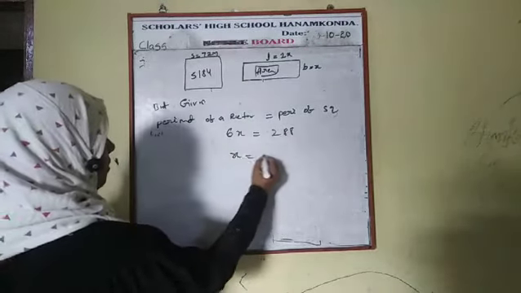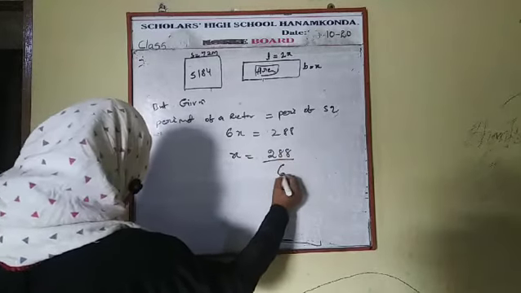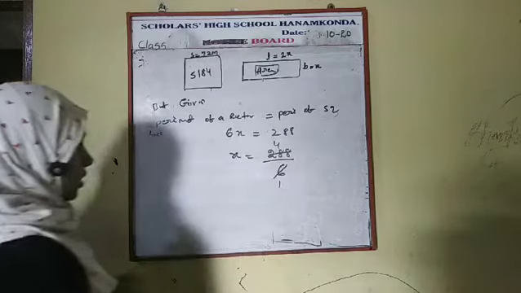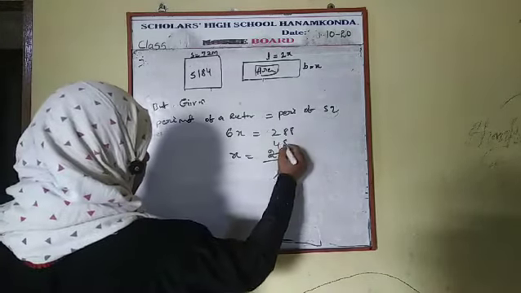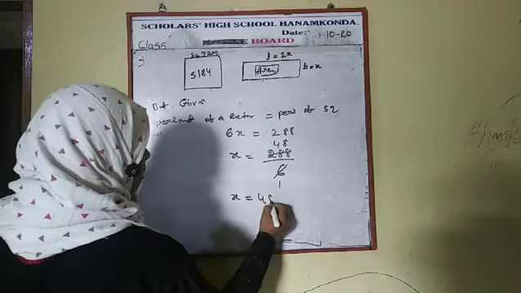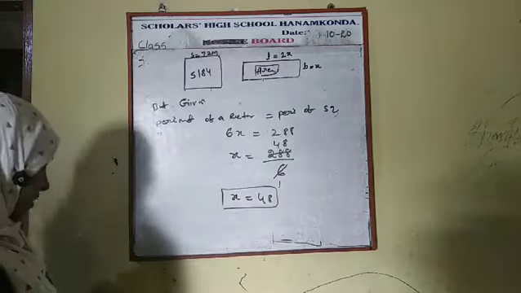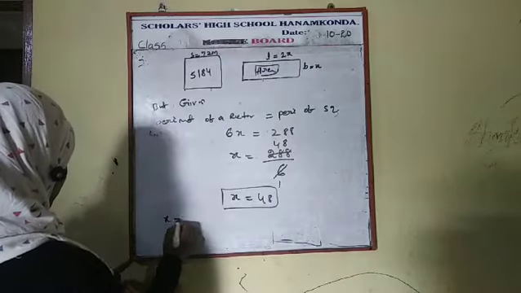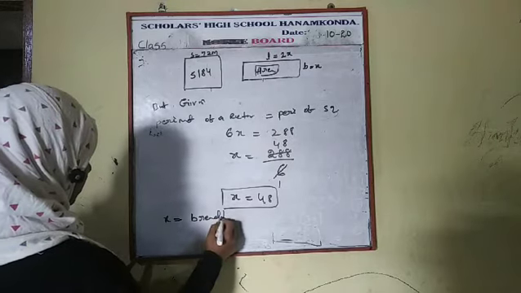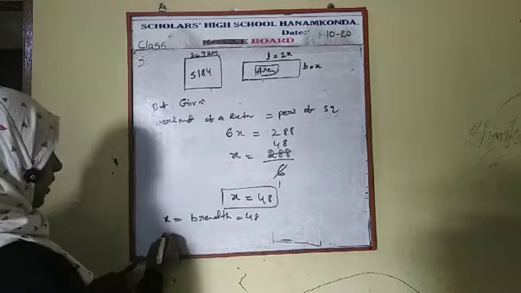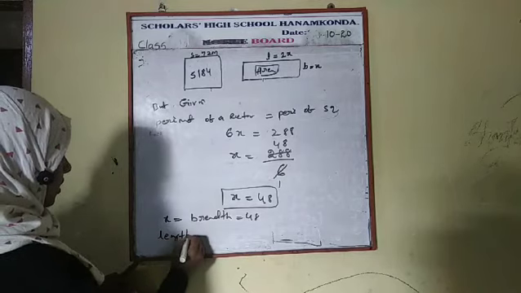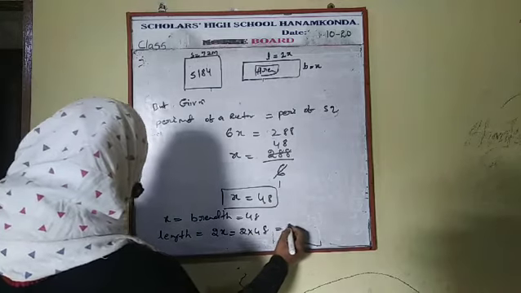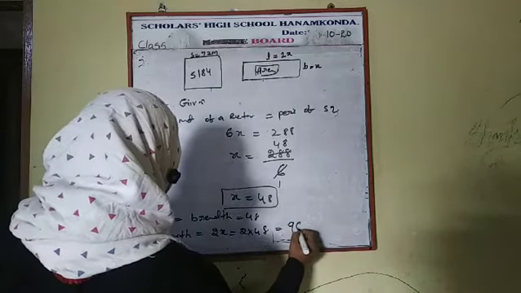Now x is equal to how much? 288 by 6. 6 1s are 6, 6 4s are 24, 6 8s are 48. So x is equal to 48 centimeters. That means breadth is 48. Now length is 2x, that is 2 into 48, that is 96.